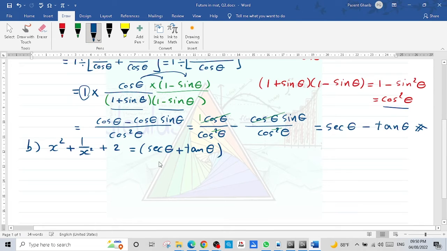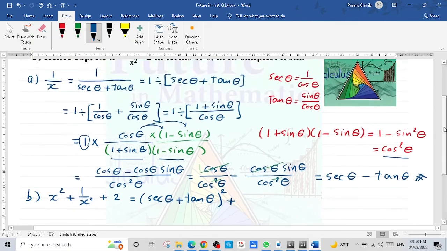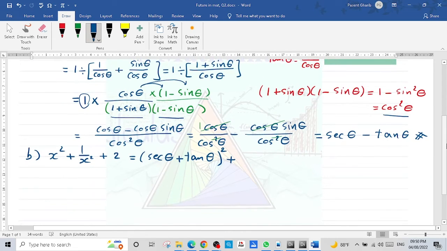This is x, so we need to write x squared, so we're squaring this bracket, plus 1 over x squared. 1 over x is already sec minus tan, so 1 over x squared is sec theta minus tan theta all squared. Finally, this plus 2. Expand the two brackets.